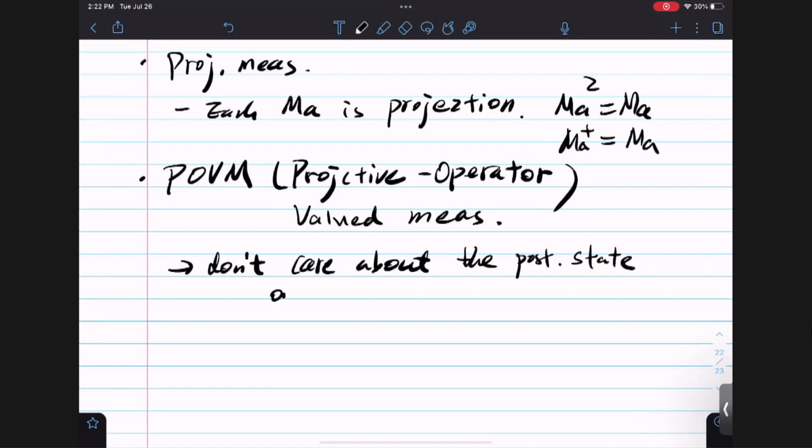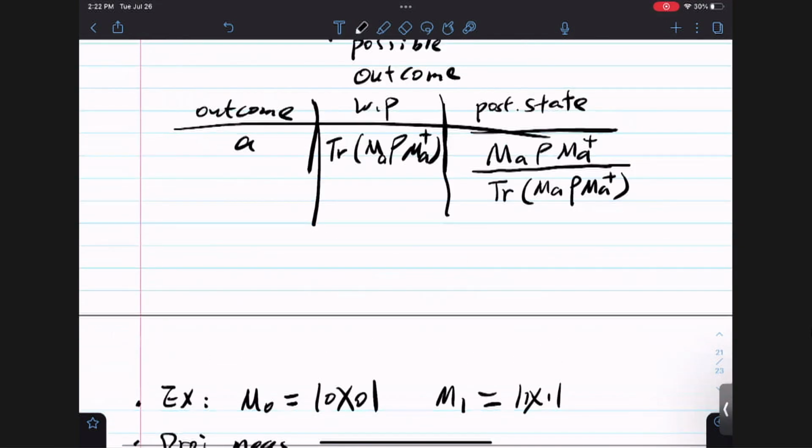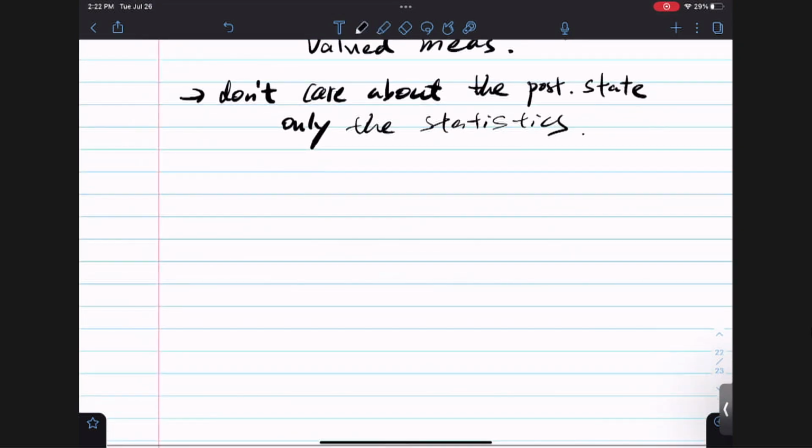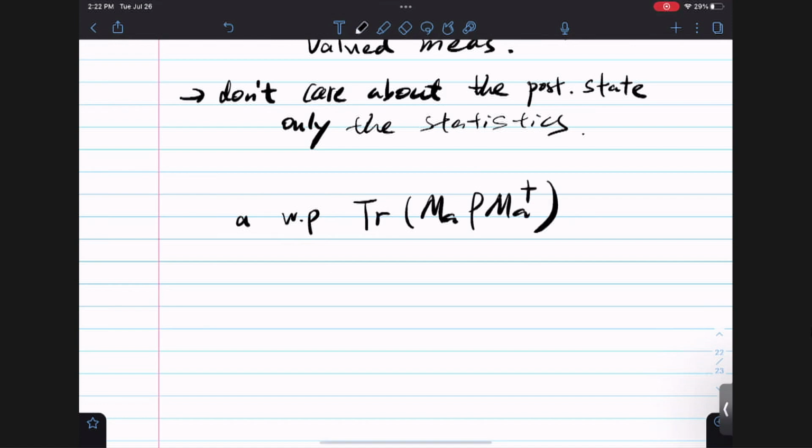But as we can see, the statistics is entirely determined by this expression. That's the probability of seeing some outcome. And then there is a nice trick about trace. So let me write down. We know we're going to see some outcome A with probability trace of M_A, rho, M_A dagger. But since trace is cyclic, in the sense that you can move around these matrices inside, we have trace of M_A dagger, M_A, rho.